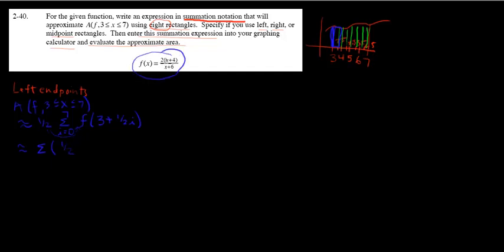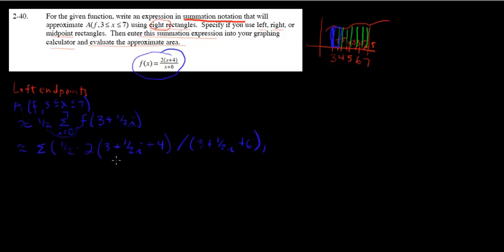Our function is 2 times x plus 4 over x plus 6. So 1/2 times 2 times x plus 4, where x is 3 plus 1/2 i, divided by x plus 6, where x again is 3 plus 1/2 i plus 6. Okay, so that is our expression.